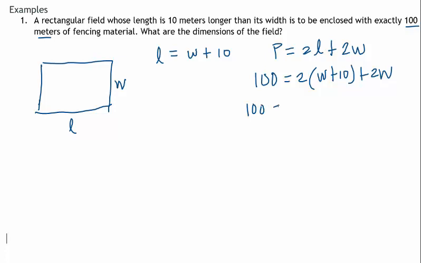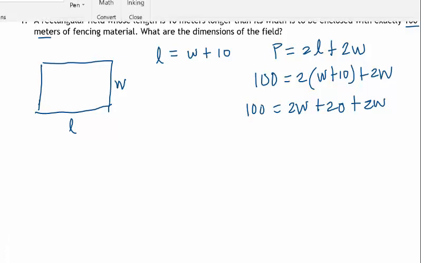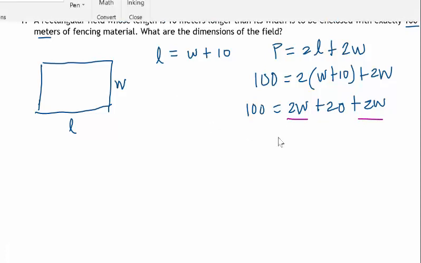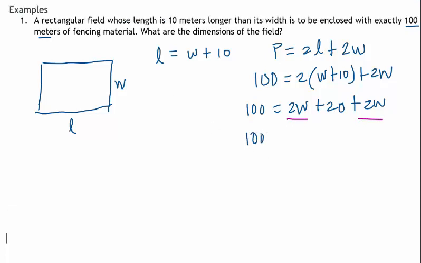Okay, so to do that, distribute the 2. So we have 2W plus 20, and then plus another 2W, and combine like terms. So 100 equals 4W plus 20.